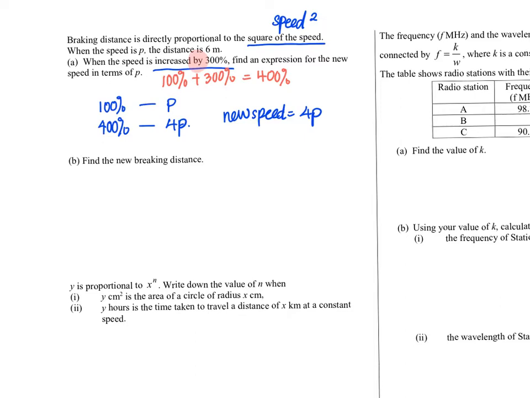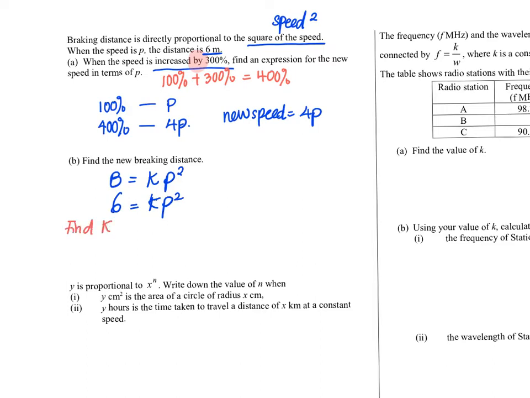Find the new braking distance. Now let's write the equation. Maybe I'll let B be the braking distance. Braking distance is directly proportional, so k times the square of the speed, which is p, so p squared. They tell you when the speed is p, the distance is 6. So I'm going to use this number. Same objective, what do we find first?